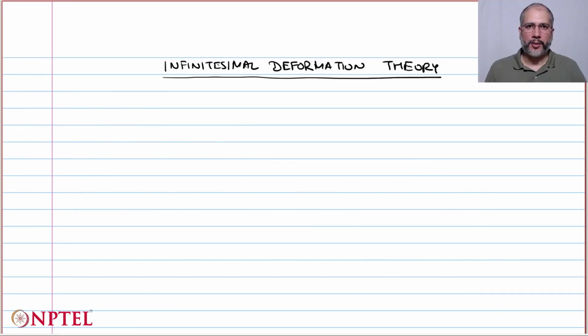So in the last lecture, we had defined two strain tensors. One was the Lagrangian finite strain tensor and the other was the Eulerian finite strain tensor. And we also defined these strain tensors in terms of displacement gradients. So let us start with the expression of the Lagrangian finite strain tensor in terms of the displacement gradients.